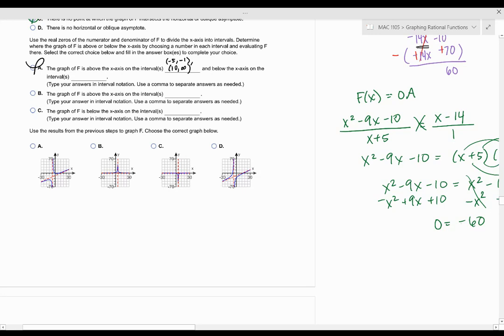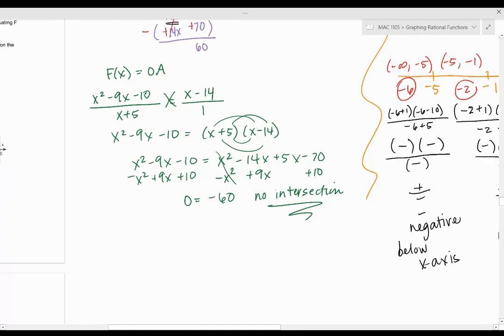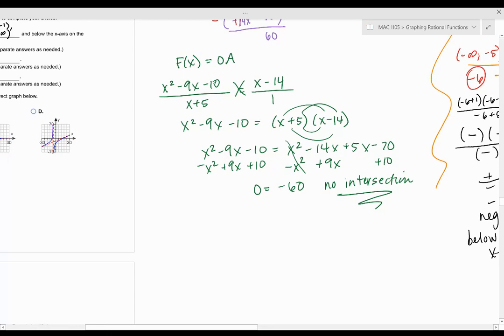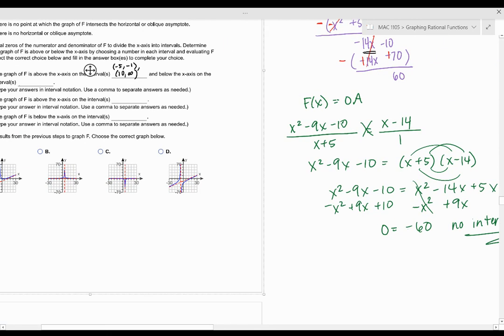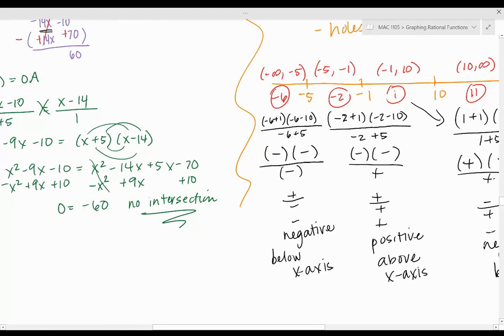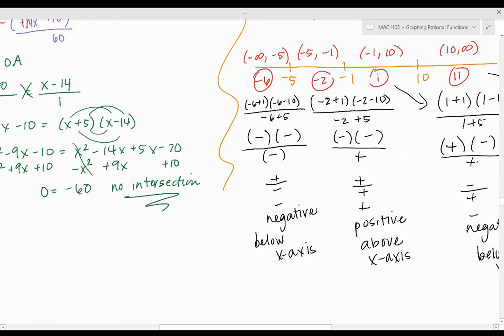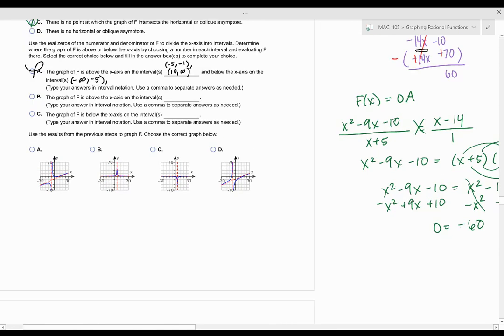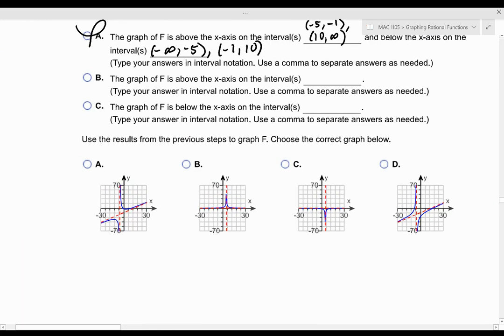And then the intervals where I was below, that was from -infinity to -5. And -1 to 10. Okay. All right. Then the last part, we have to pick the right picture.